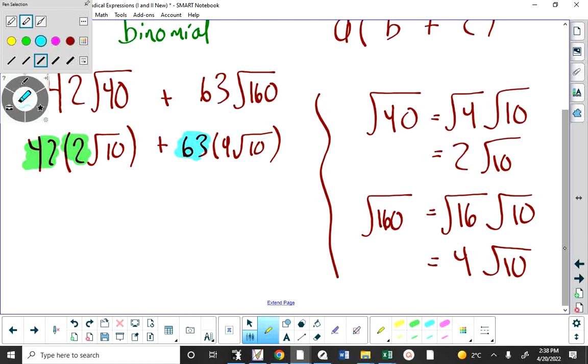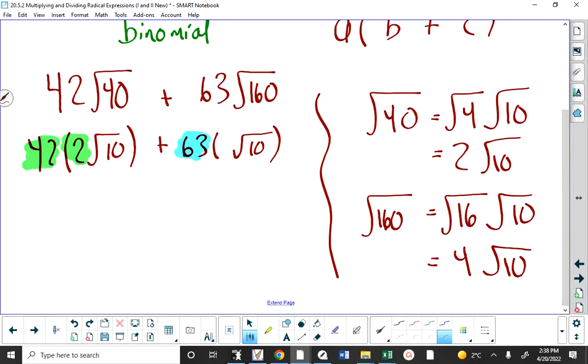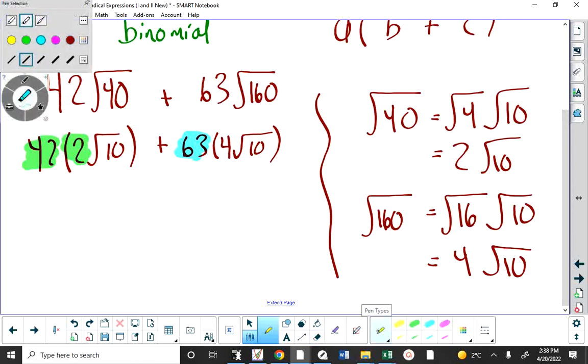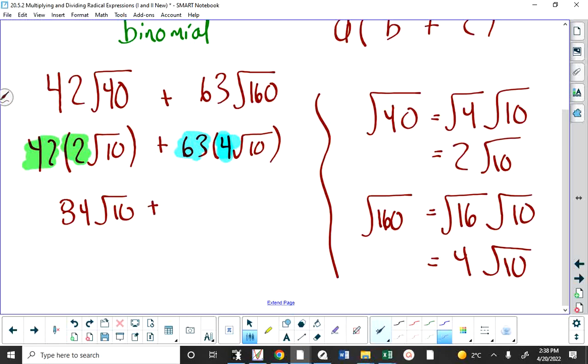That's a 4, right? Pretty sloppy of me. Coefficient times coefficient. So what can we do here? 2 times 42 is 84 root 10. 63 times 4 is 252.